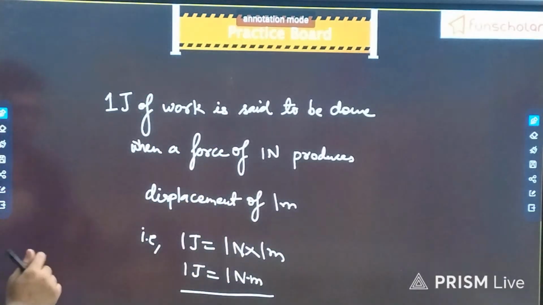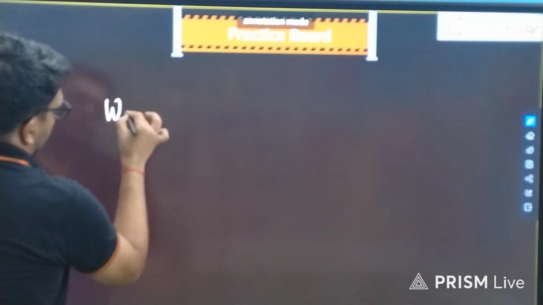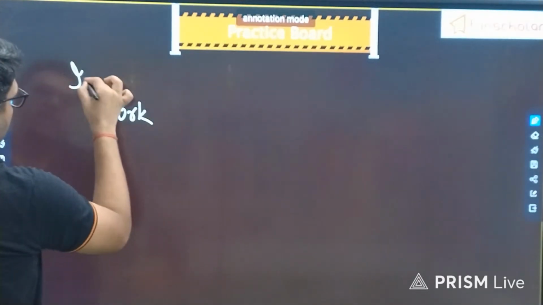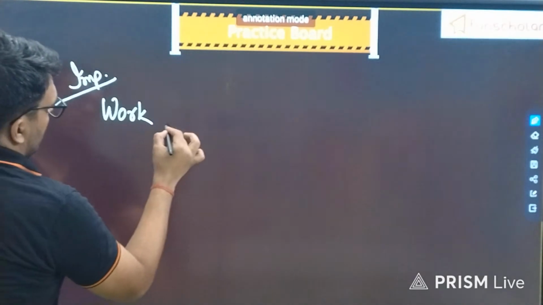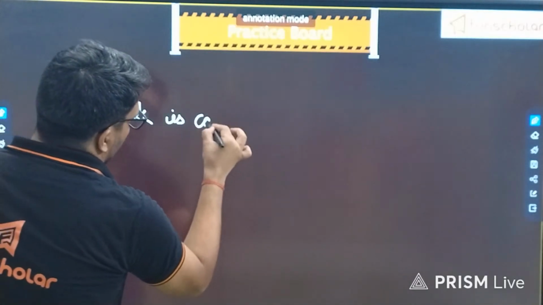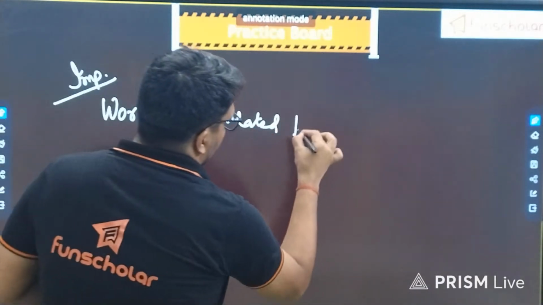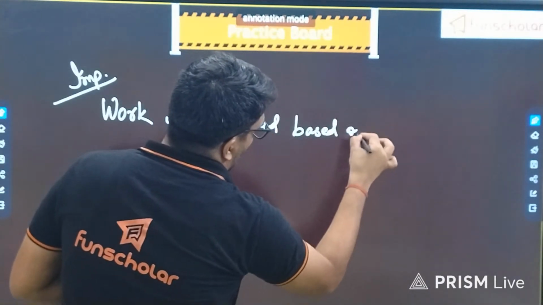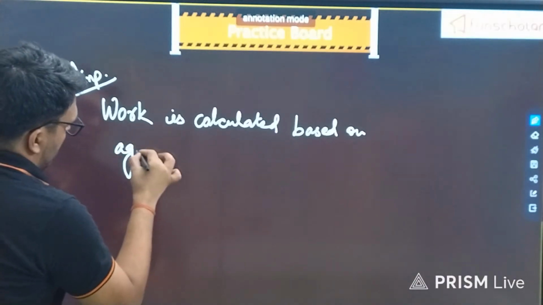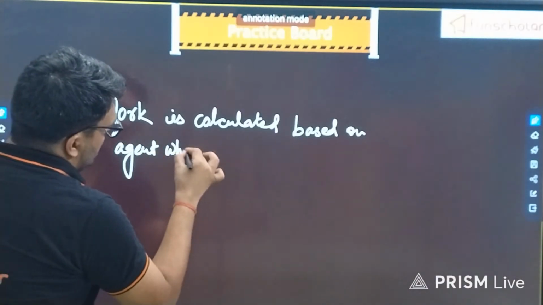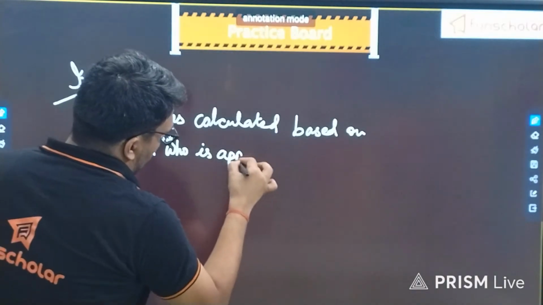Now, moving ahead, let's try to understand one thing. We have to always understand that work, it is a very important line, so you can write it down: work is calculated based on the agent who is applying force.